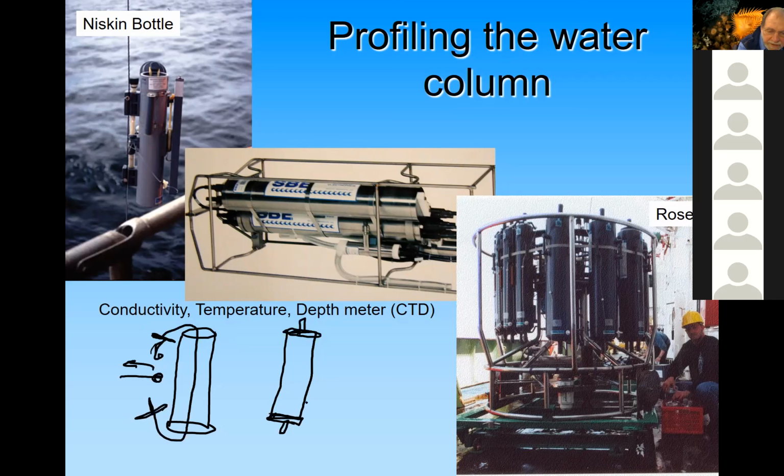There's a gasket around the top and a gasket around the bottom, an O-ring actually. And then the spring, the surgical tube, in the middle holds the two ends tightly together. And then typically there's a little spigot on the side that allows you to decant a little sample.